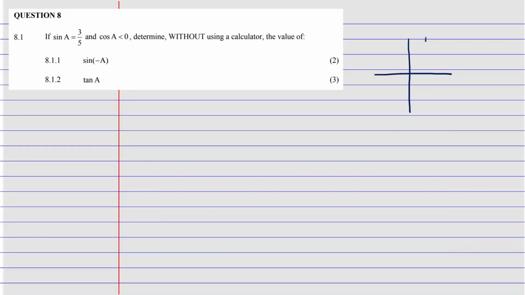Then we're going to say all students take coffee, right? When we say all students take coffee, we first need to ask ourselves where sine is positive, because that's the information we're given. Why are we looking for where sine is positive? Because 3/5 is positive, right? We see that sine is positive in the first and second quadrant, right?